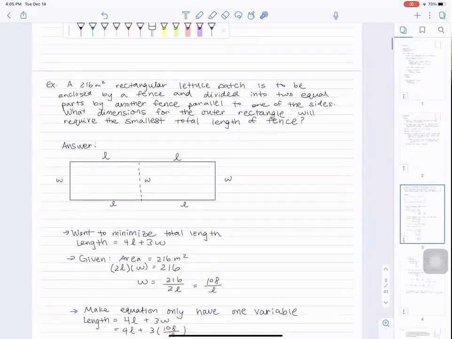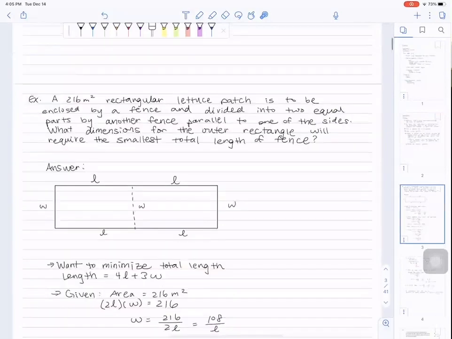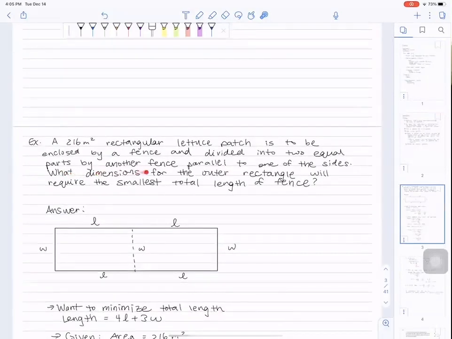Okay, so I have an example here. Here we have a 216 meter squared rectangular lettuce patch. It's being enclosed by a fence and divided into 2 equal parts by another fence parallel to one of the sides. What dimensions for the outer rectangle will require the smallest total length of fence?